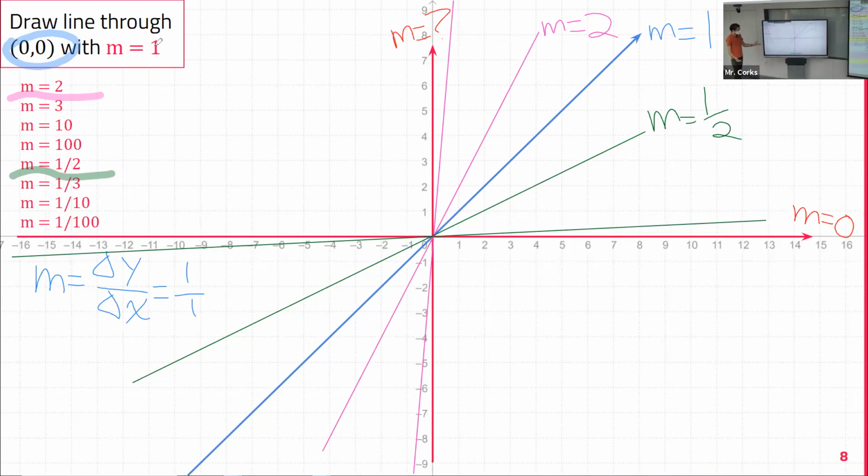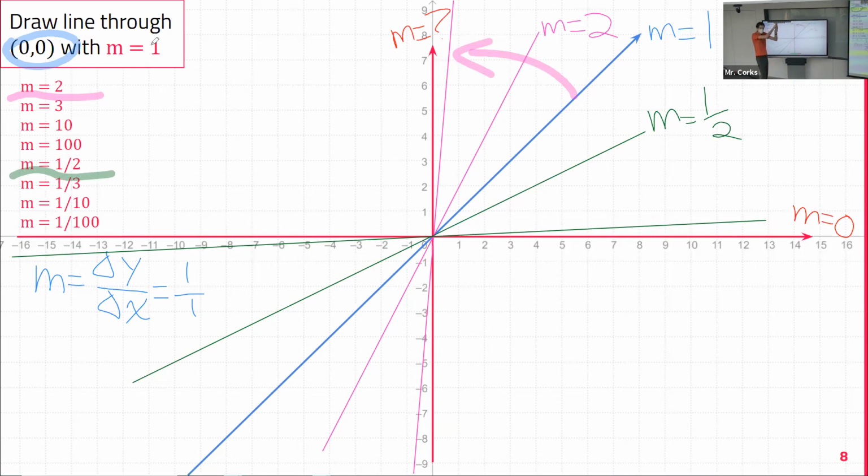So hopefully we can see the pattern that's happening here. If m equals 1, it's kind of a 45-degree angle. That one we can just remember. And from that, if we go this way, what number do we approach? If it was perfectly vertical, it would be undefined.